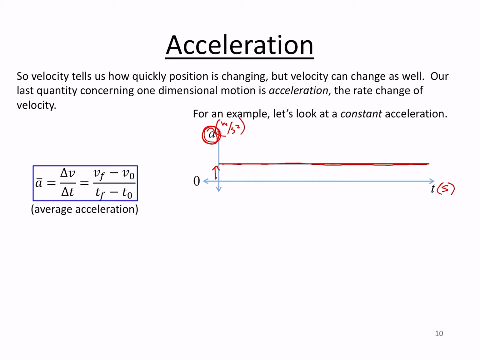All right? That makes things considerably simpler in terms of how we can predict what the velocity of the object is going to do over time, and also what the position of the object is going to do over time.